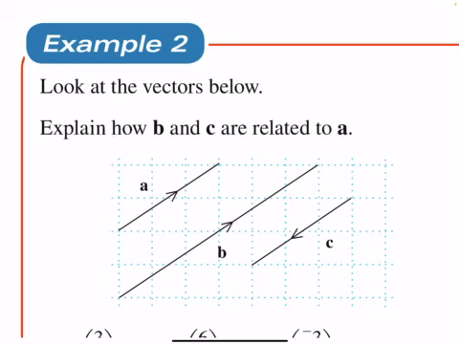Same gradient? Yes and no. Why? Because one is negative, one is positive. Correct. And if you notice, they are parallel to each other.